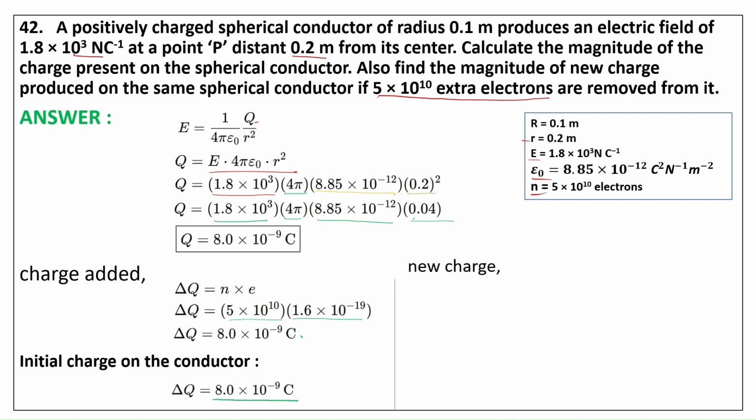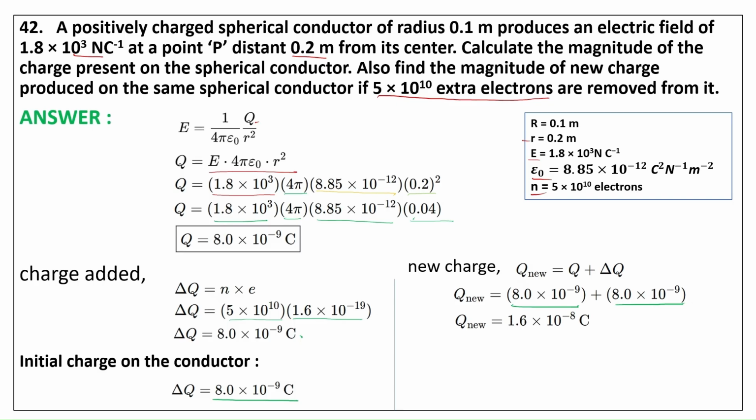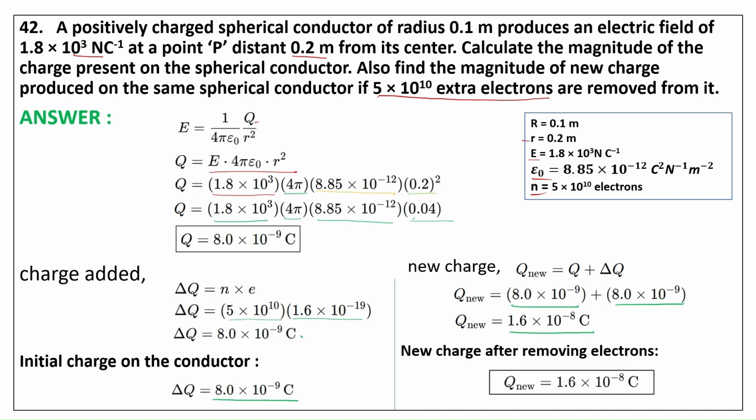Now, for new charge, Q new is equal to Q plus delta Q. That is, Q new is equal to 8 into 10 to the power minus 9 plus 8 into 10 to the power minus 9. Therefore, Q new is equal to 1.6 into 10 to the power minus 8. Therefore, new charge after removing electrons is Q new is equal to 1.6 into 10 to the power minus 8.